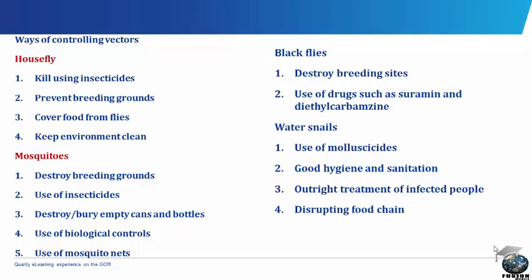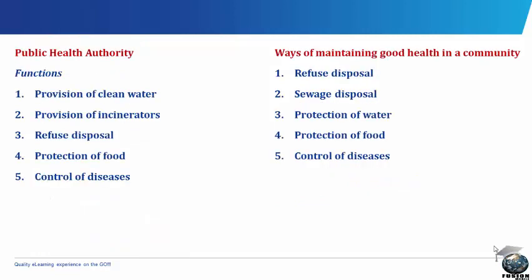Good hygiene and sanitation in order to maintain a clean environment should be practiced. Outright treatment of infected people to stop the spread should be done. Water snails can also be controlled by disrupting the food chain by killing some water weeds eaten by the snails.